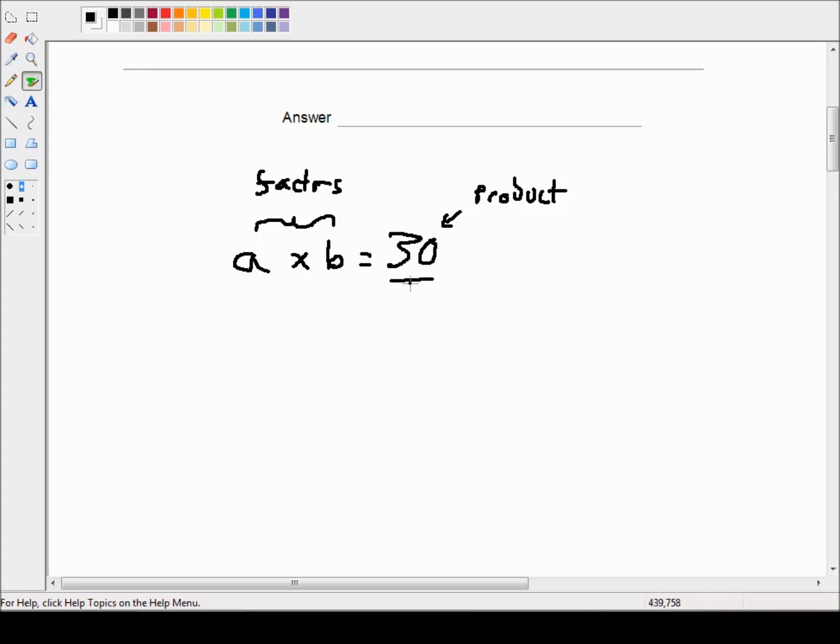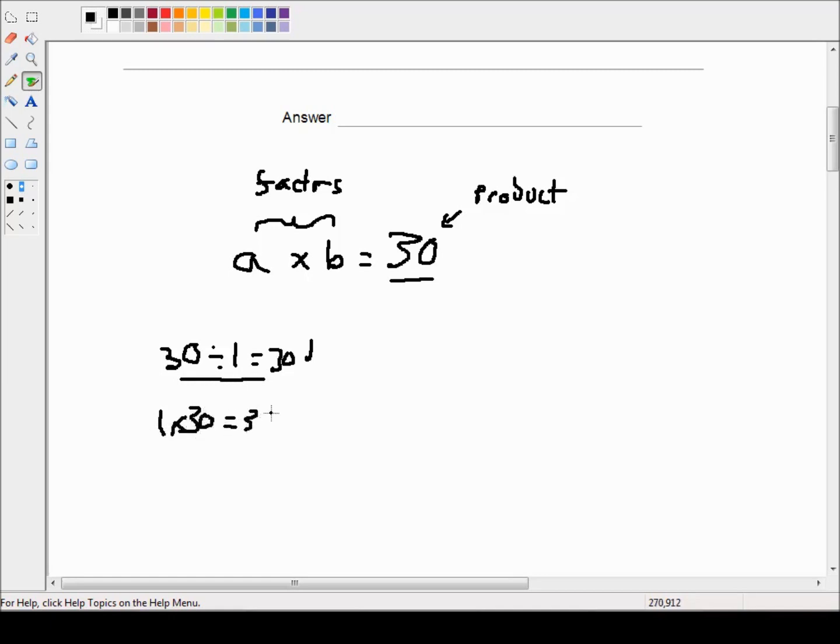So the easiest way to do that is just to divide 30 by, well, as many numbers as we can. So we'll start off with 30 divided by 1. Well, that's equal to 30. So yeah, that is a factor. So we can go ahead and do that either in our heads or on calculators, and we can start listing the factors. So we know from this that 1 times 30 is equal to 30.